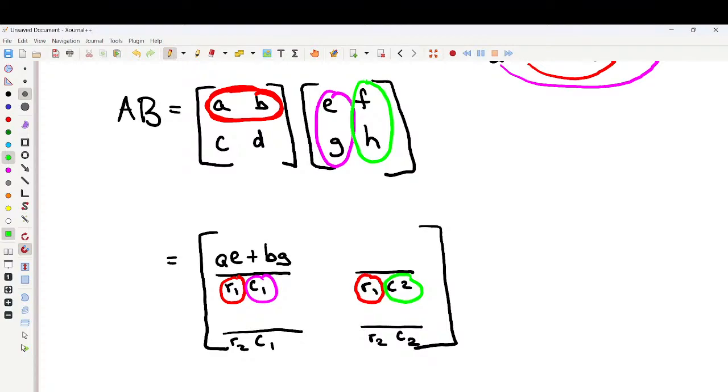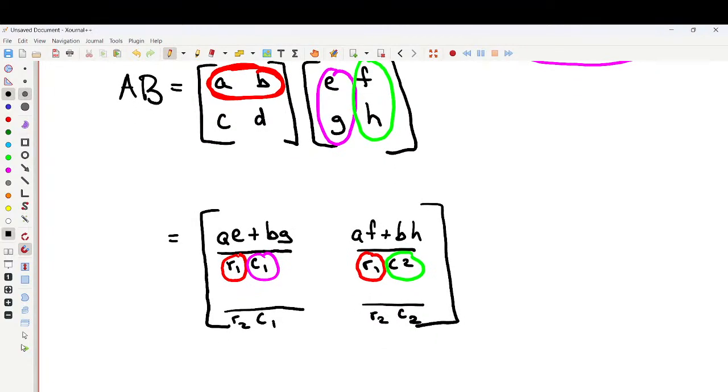A times F, B times H. In this position, the solution that's in row 2, column 1, you go to row 2, take column 1, find its dot product.